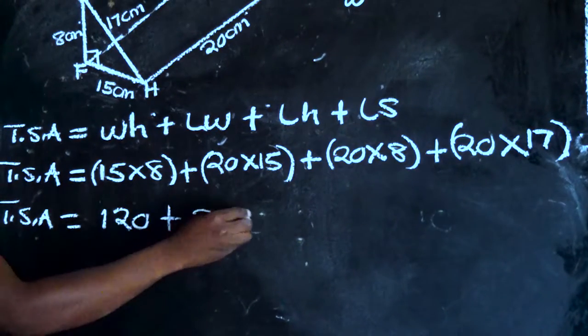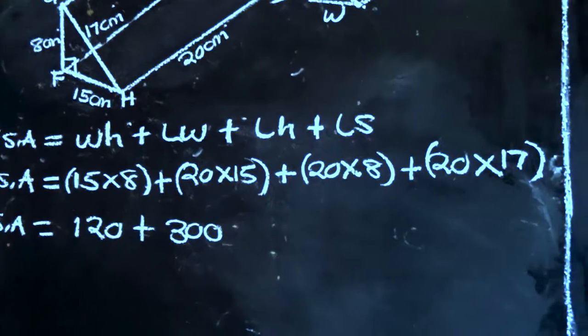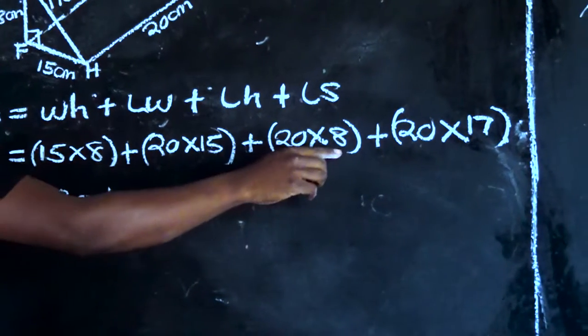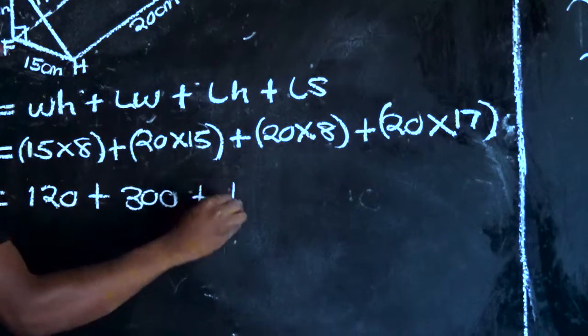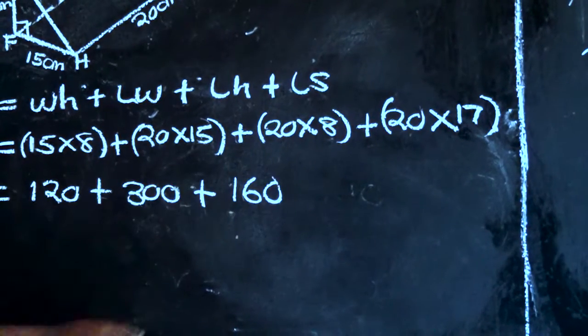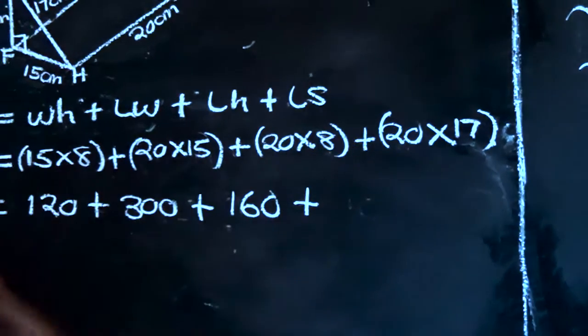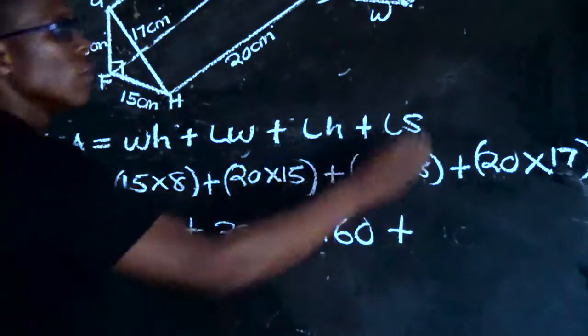Then add the 0, it becomes 300, meaning 20 times 15 you get 300. Plus 2 times 8 is 16. Then you add the 0, 160, plus 17 times 2. What do you get?